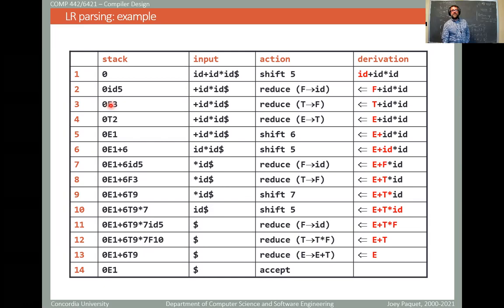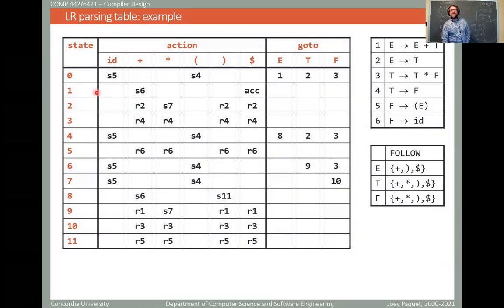Then I push F. Then I go in the go-to table at coordinates 0, F. 0, F tells me 3. So what this is telling me is that if I applied a reduce operation and I find myself in state 0, and what I just did is reduce an F, then I should go to state number 3.